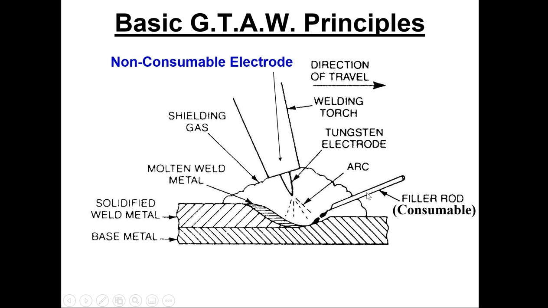This rod never leaves the shielding gas, and you can't see the shielding gas. This is one of the trickiest parts about the practical. So you have to keep the filler material inside of this gas shield even though you can't see it. But it's pretty simple to see where it is. You can see where the nozzle is, and right below it, there's always going to be a flood of material.